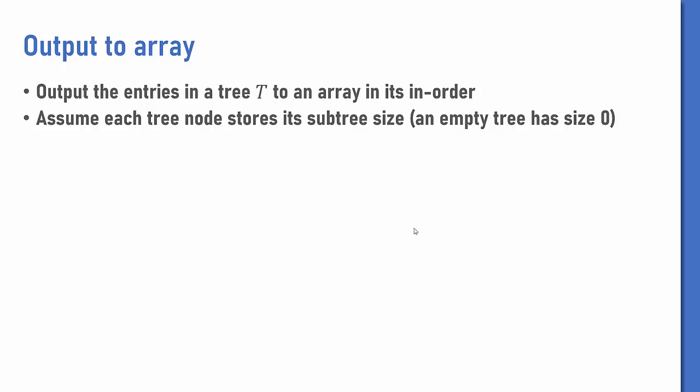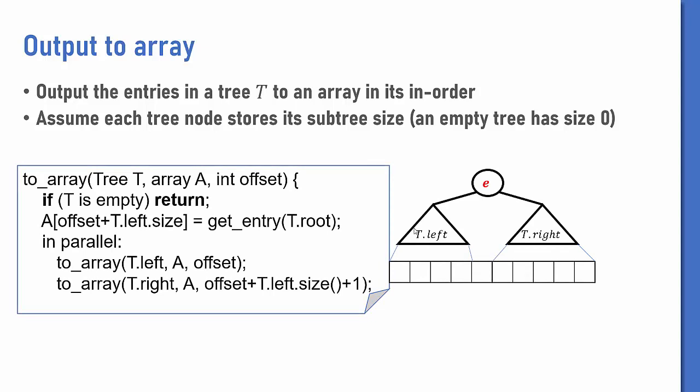Then since we know the left subtree size, we immediately know which slot the root entry will be written to. So all the slots to the left are for the left subtree and all those on the right are for the right subtree. So these two recursive calls can be done in parallel.